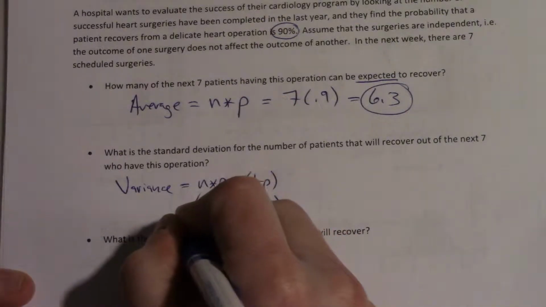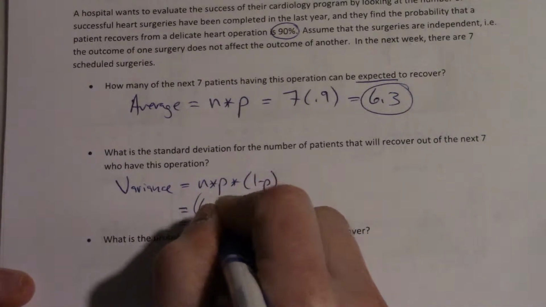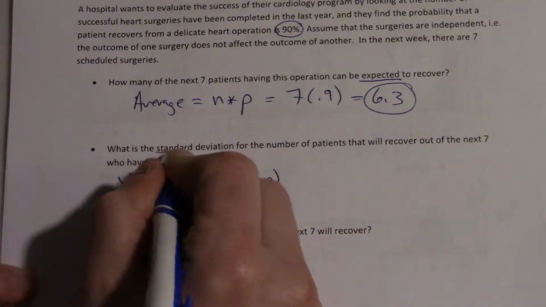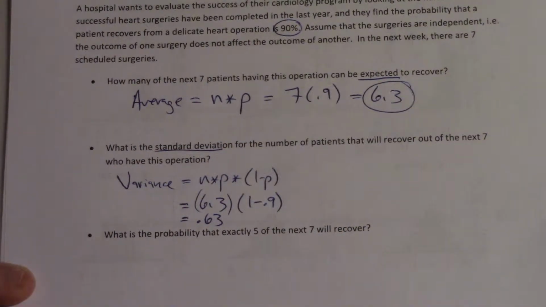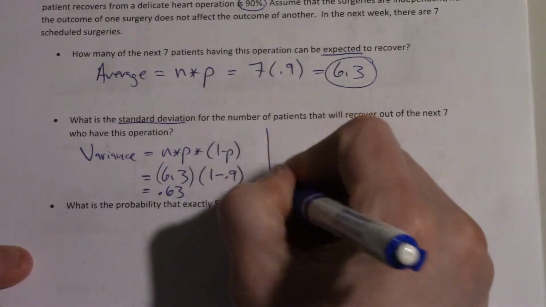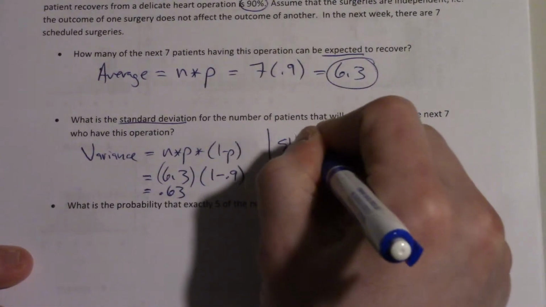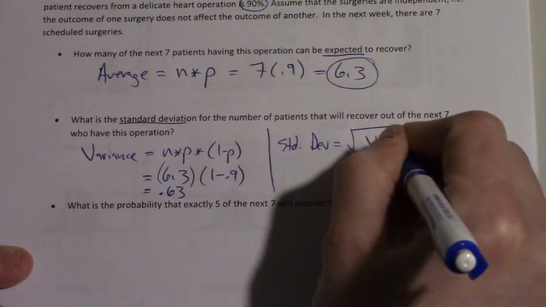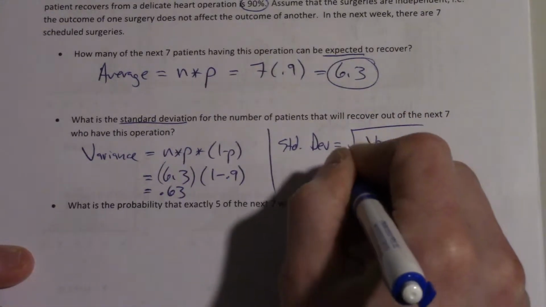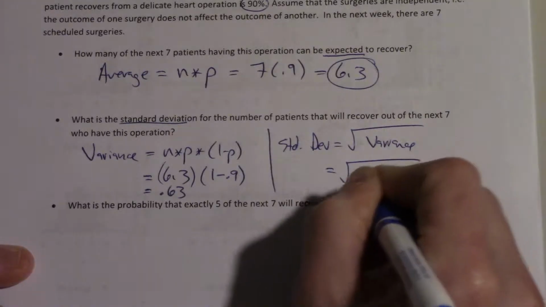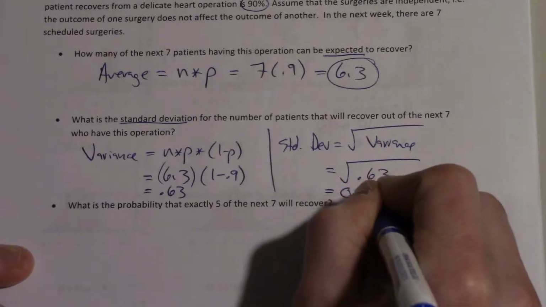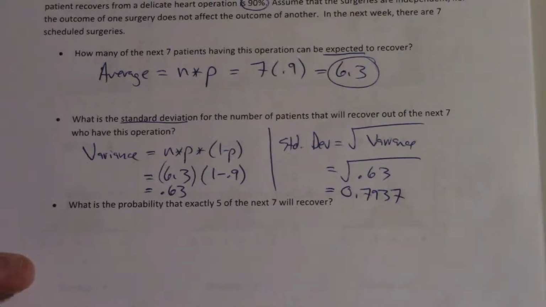Oh, it's pretty easy. It's actually 0.63. Now that's the variance. We were asked for standard deviation, so we have to take the square root. So standard deviation is the square root of variance. So we need the square root of 0.63, which works out to be 0.7937.